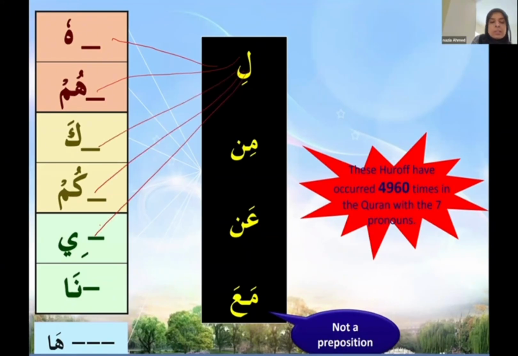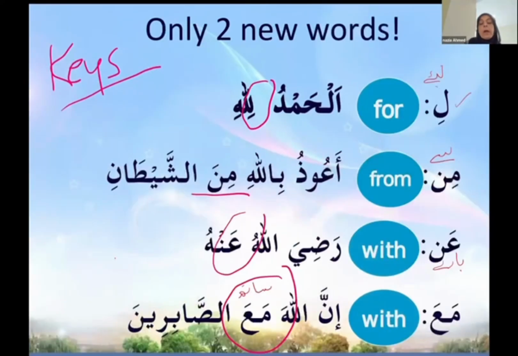For li, it will stay as li, by the way, and lana. So this is how we're going to attach them, one by one, with the members of the letter family. Now, before we move on to these charts, I'm going to give you the keys to remember the meanings of these words, okay?